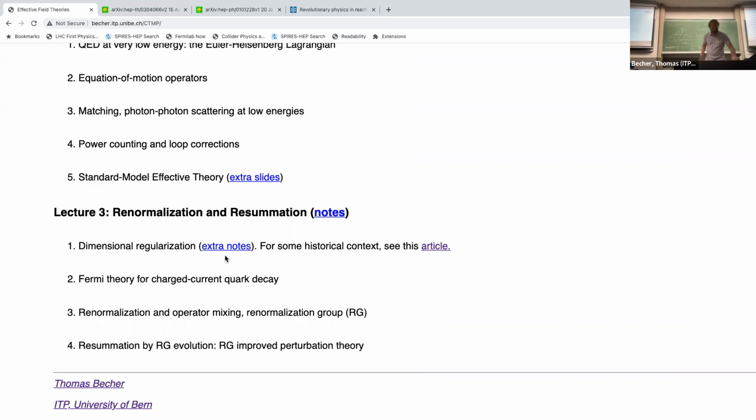Maybe the blackboard. Good. So now I have the 2 operators, and now I can write down this effective Lagrangian. And there is this effective theory.